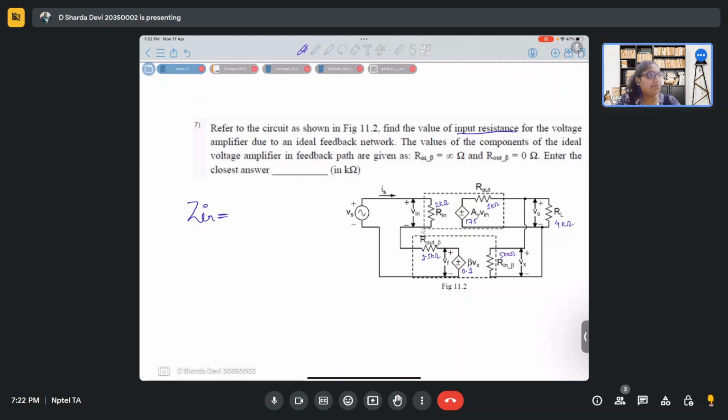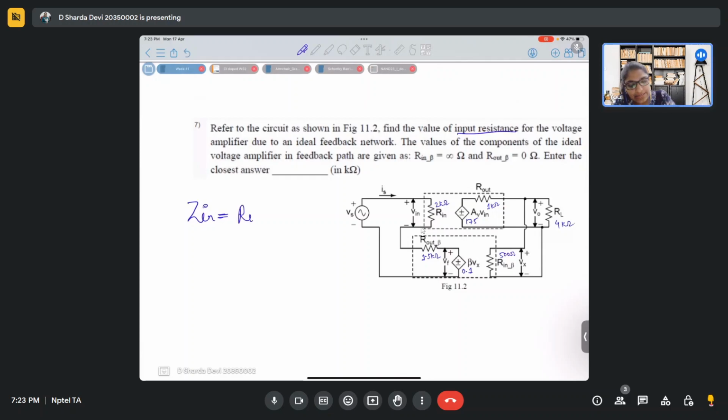Here this is a voltage source, so we are giving voltage to the input. So for voltage, what should the resistance be, the source resistance or the input resistance? Input resistance should be high, very high, right?